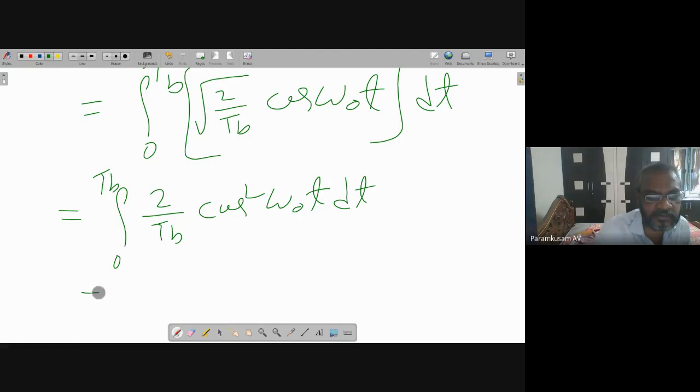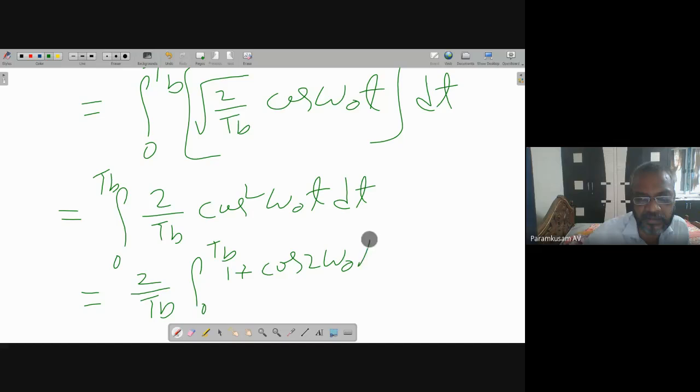This is equal to 2 by Tb, which is a constant, into integration 0 to Tb. Cos square theta can be written as (1 plus cos 2 theta) by 2. So 1 plus cos 2 omega naught t by 2 dt.